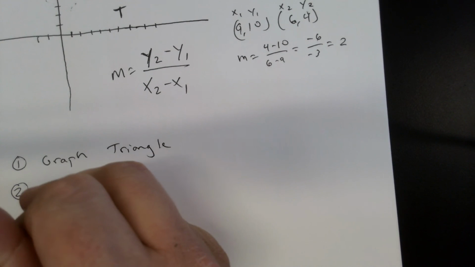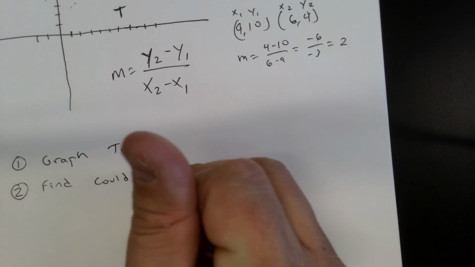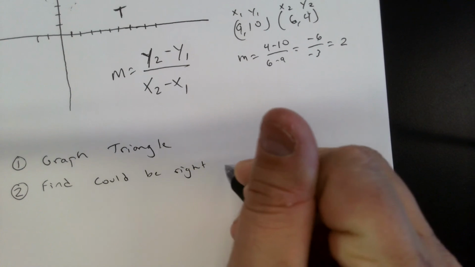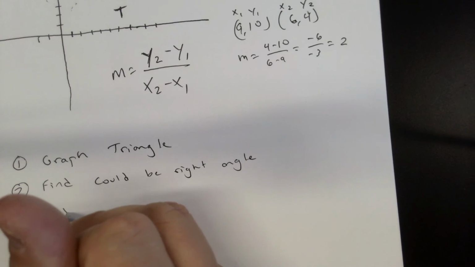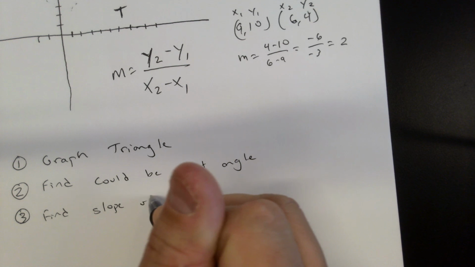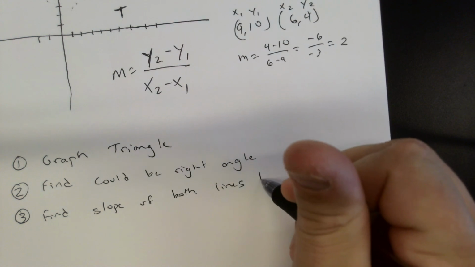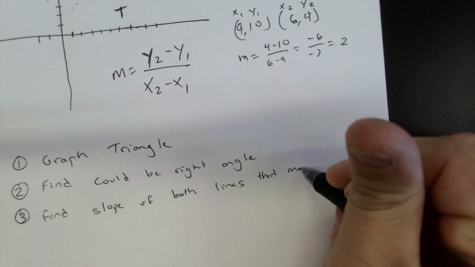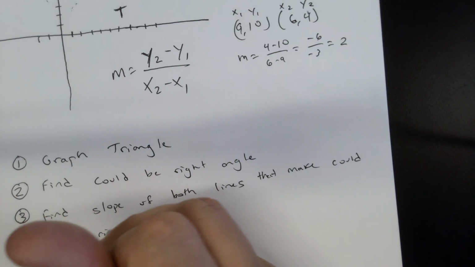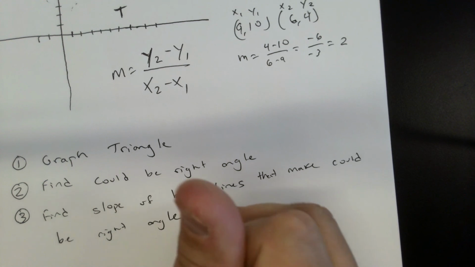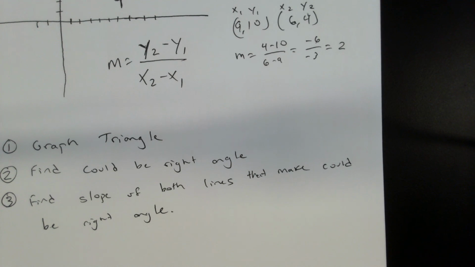Step 2: find could-be right angle. Step 3: find slope of both lines that make the could-be right angle. That's it. Those are your 3 steps and you guys can do it.